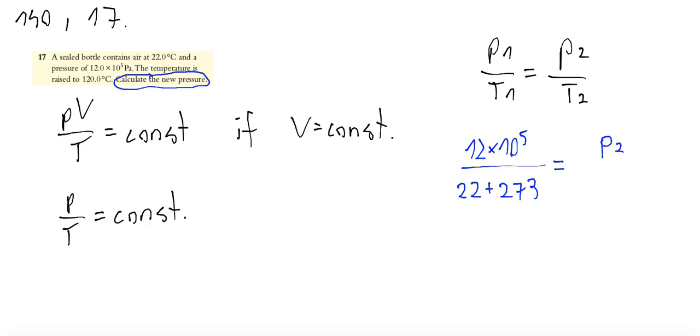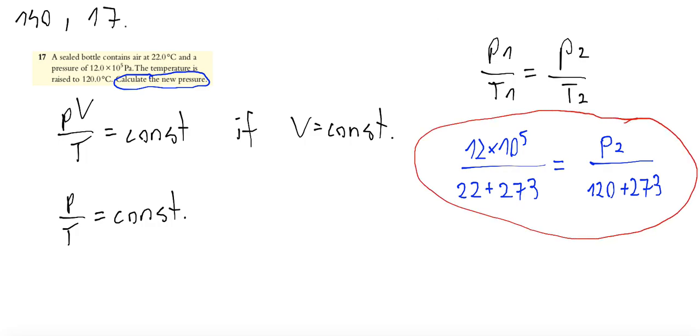The question is about the new pressure divided by the new temperature, and the temperature must again be expressed in kelvins, so you have to add 273 to 120 degrees Celsius, and you have an equation with only one unknown, P2. Please stop the video for a moment, copy this, solve this exercise. When you are ready, watch the end of the video with your homework.